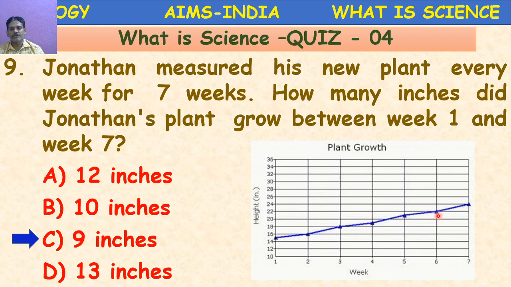Here from the 6th week to the 7th week, how many inches between week 1 and 7 does the plant grow? This much. So here the answer is 9 inches more. So each box represents 10 inches. So here not accurately 10, so here 9 inches.